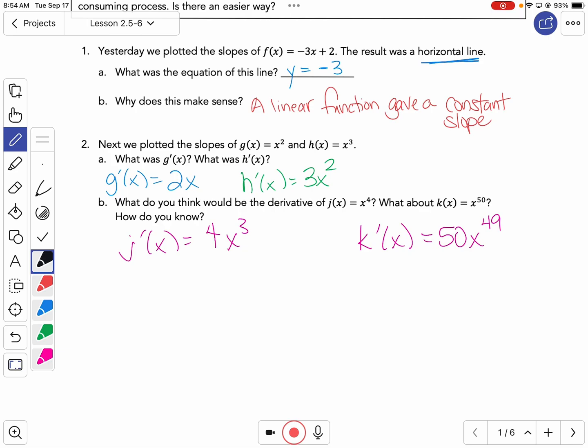We put the exponent in front, and then subtract 1 from the exponent.